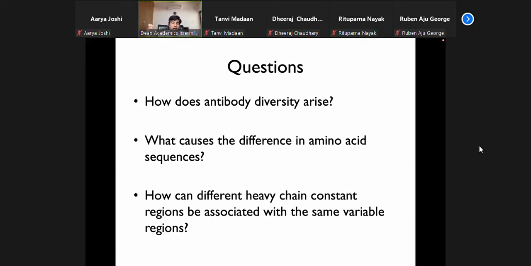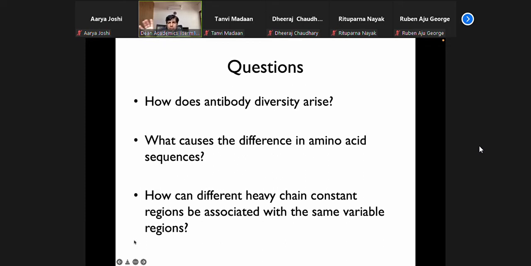Later on, the same B cell clone will make an antibody molecule essentially with the same variable region, but with a different constant region. So that means this is called isotype switching or class switching of antibodies. So these are the things we are going to talk about in maybe the next 2-3 classes.